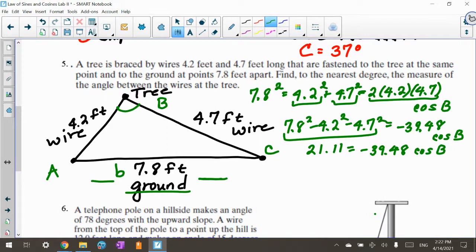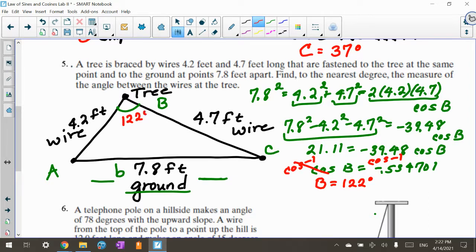Divide by the negative, and I get cosine of b equals negative 0.534701. Then you have to hit inverse cosine on both sides. So angle B comes out to be, to the nearest degree, 122 degrees. So here it is, 122 degrees.